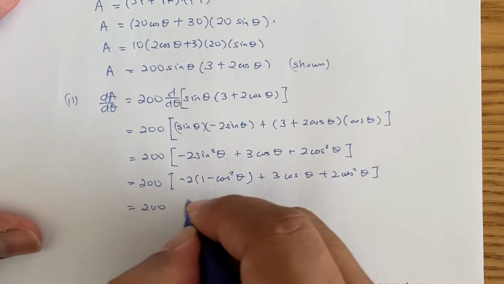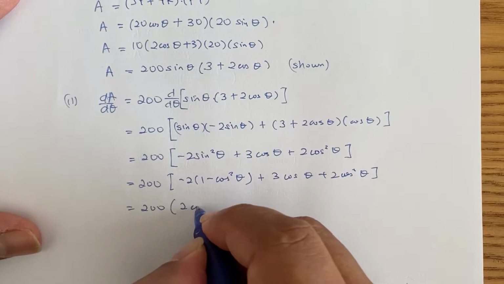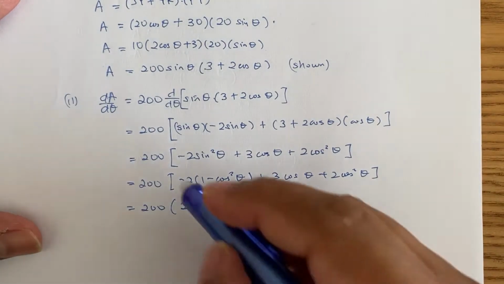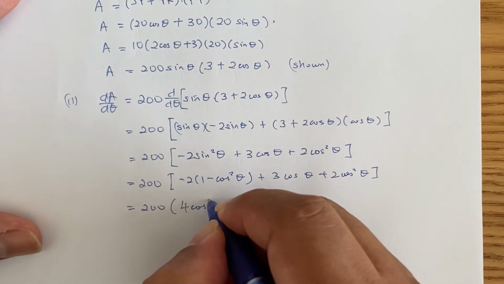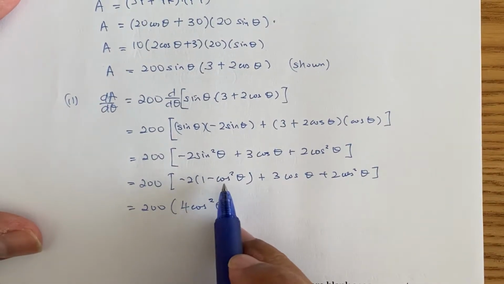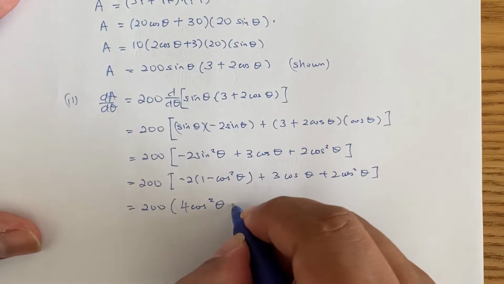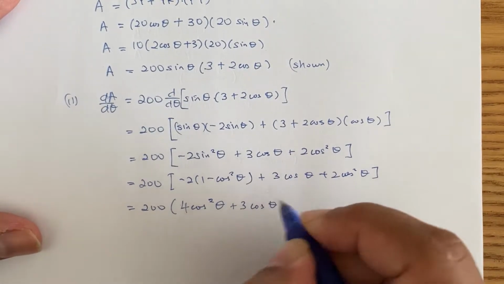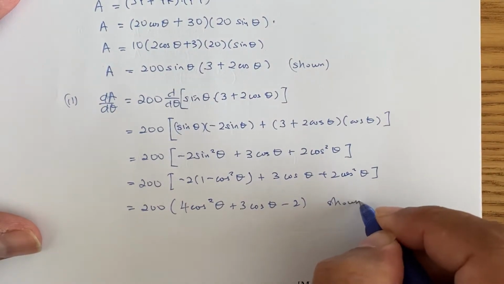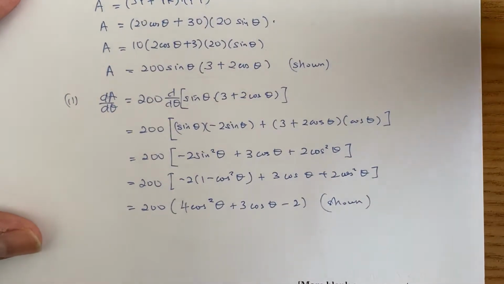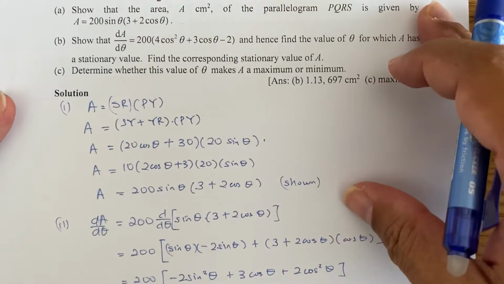So 2 plus 2 will be 4 cos²θ, and then plus 3 cos θ, and this is going to be minus 2, as I've shown again. Can you confirm?